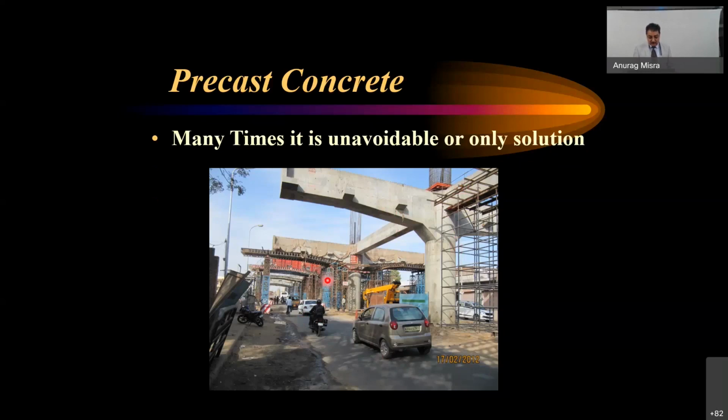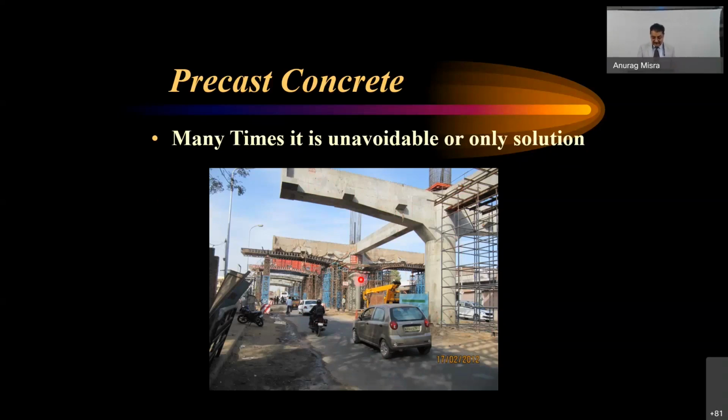You cannot afford to put cast in situ girders here. You can see that this metro line is going on the center of the road, and the traffic you cannot stop in this area.